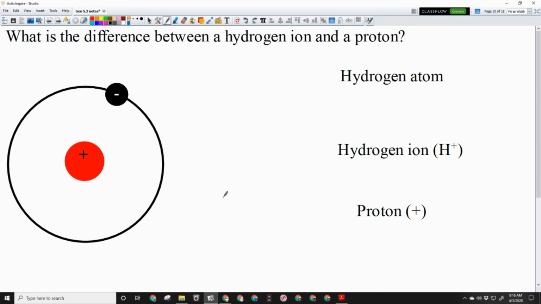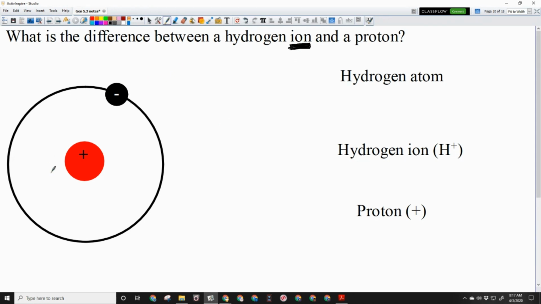We talked about these when we were talking about atoms. So for a hydrogen atom, we have our nucleus here that's in the center. We have one proton, and we have one electron in a hydrogen atom that is around the nucleus. To make an ion, okay, so by definition, let's recall what an ion is. An ion is an element that has gained or lost electrons.